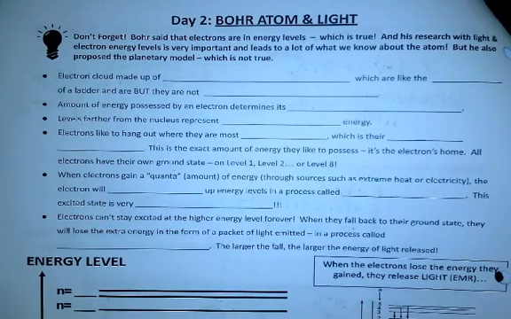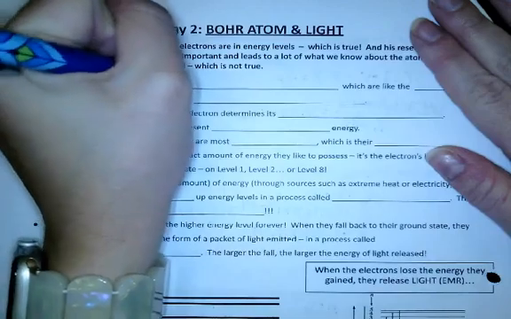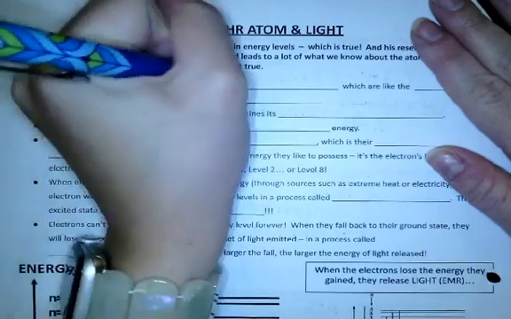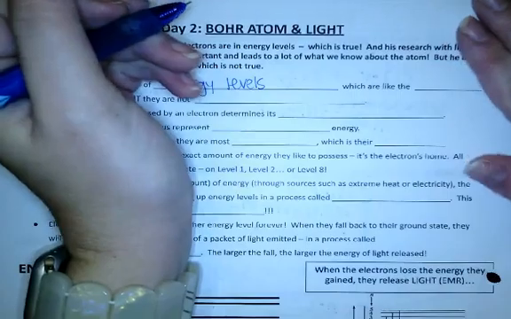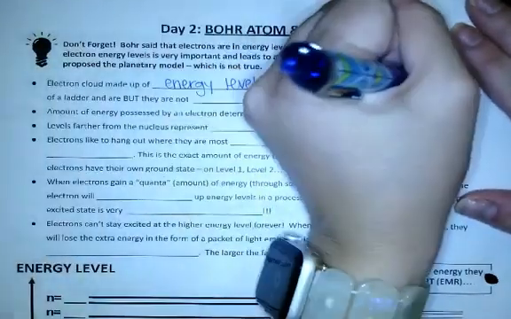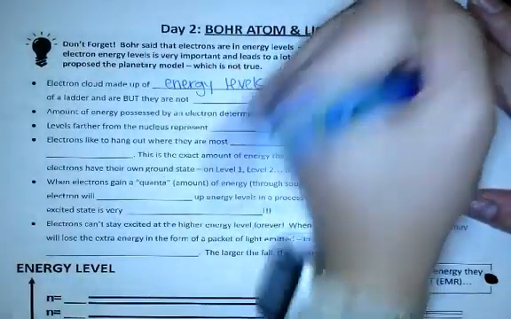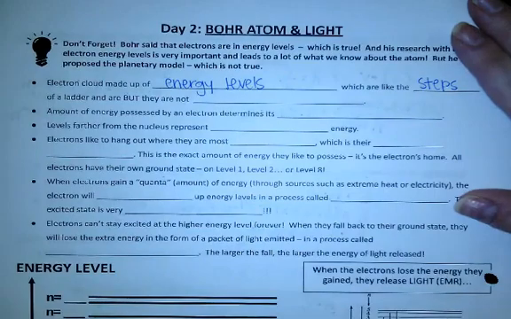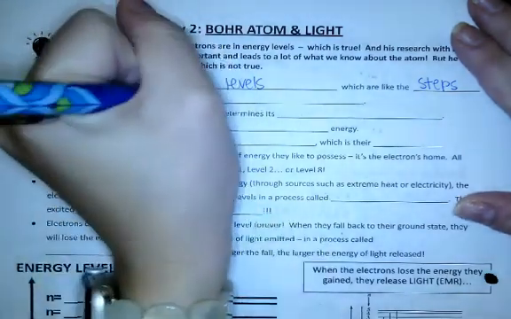Now, his research with light and electron energy levels is very important, and it helps us, again, describe what the electron configurations look like. Now, the electron cloud is made up of energy levels, which are like the steps of a ladder, but they are not evenly spaced.